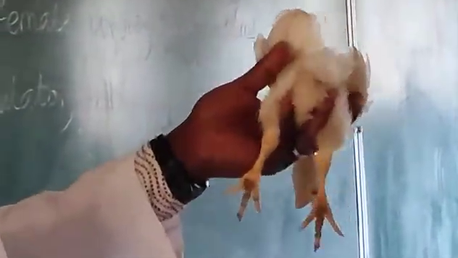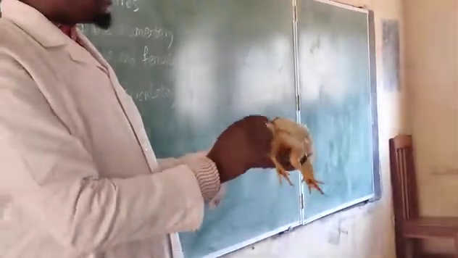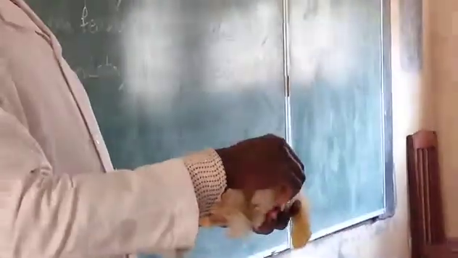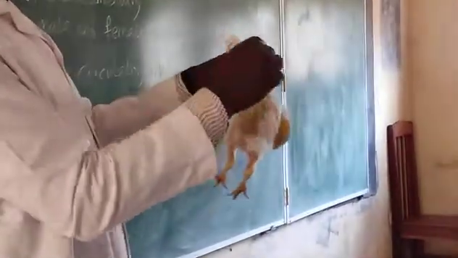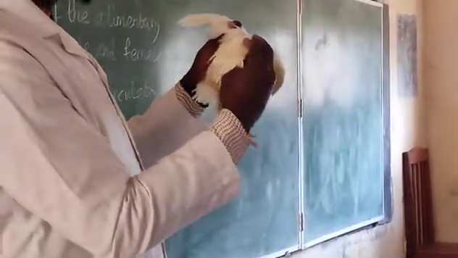These scales will prevent the bird from having any injury. Now, when you look at the anal region, you have the cloacal opening, which the bird uses for excretion and also for reproduction.